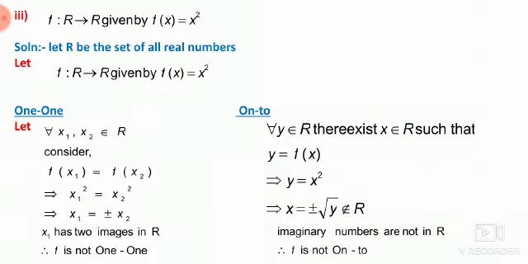Therefore, the function is not onto. Therefore, this function is neither one-one nor onto.